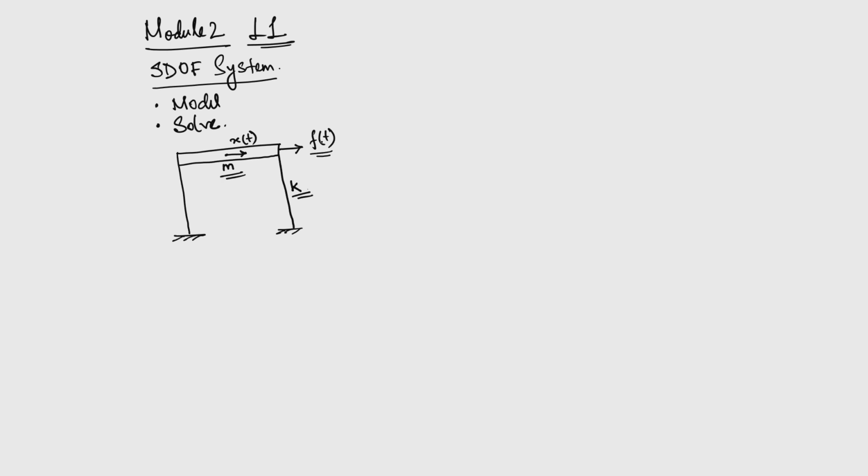All of them are denoting this frame structure. Now, if we idealize this, we can consider this mass, which moves in the lateral direction. So, I provide a roller here and the degree of freedom you can see is x of t.